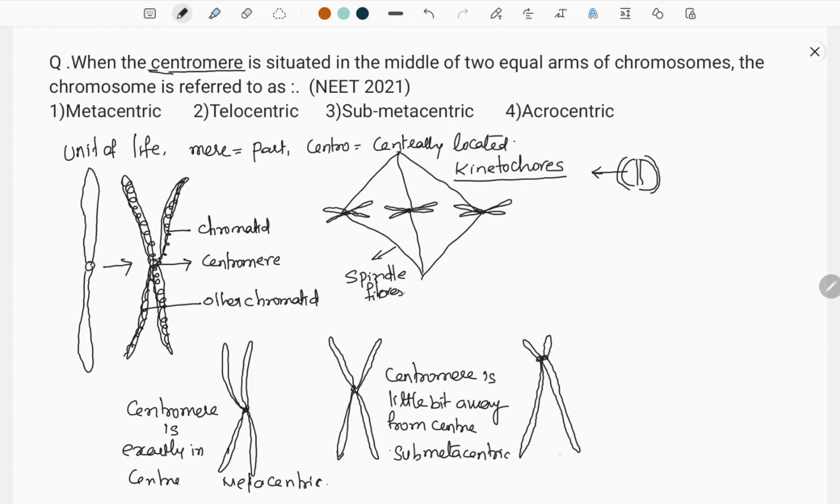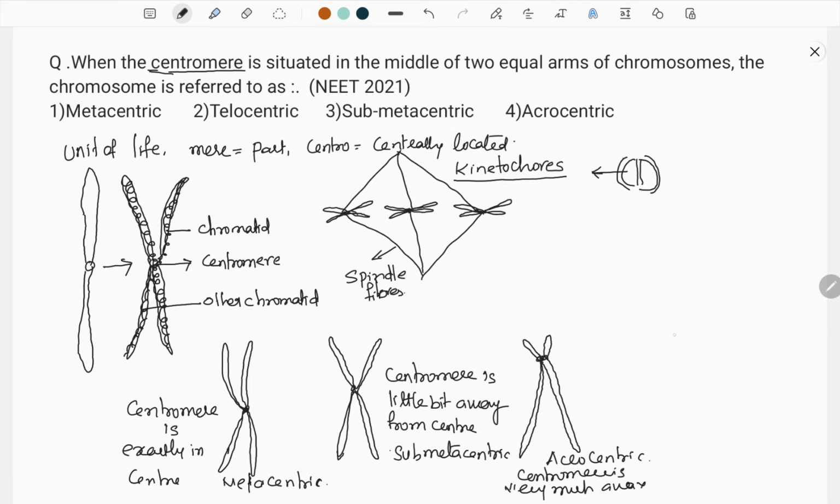It is called acrocentric. Here the centromere is very much away from the center.